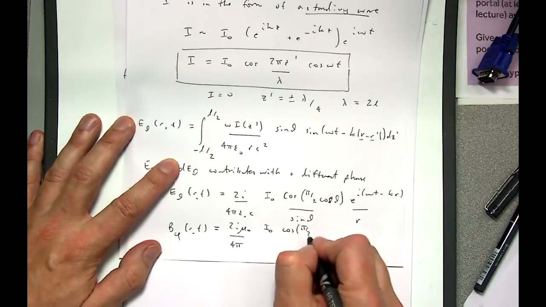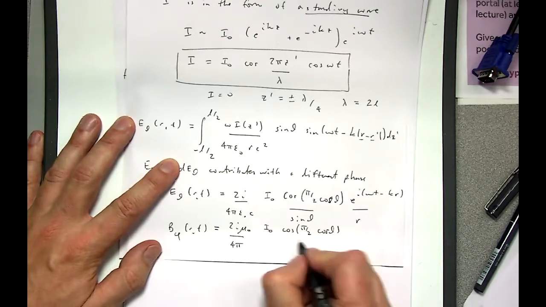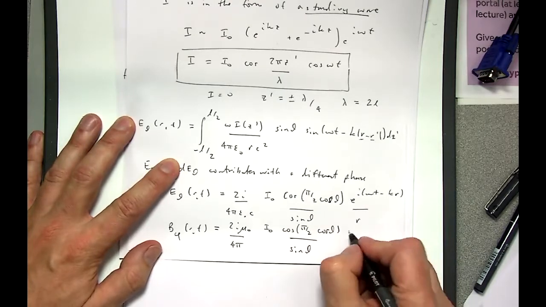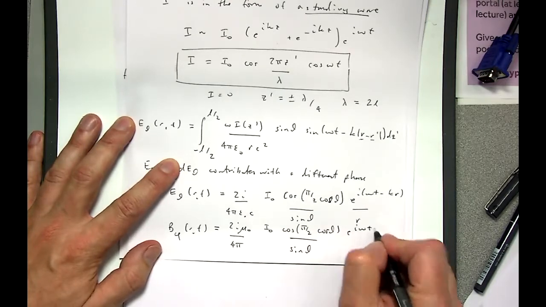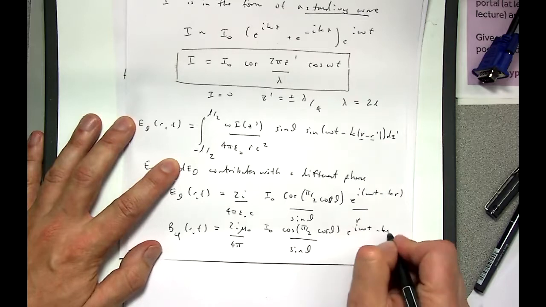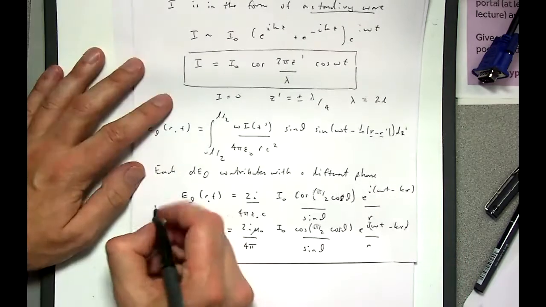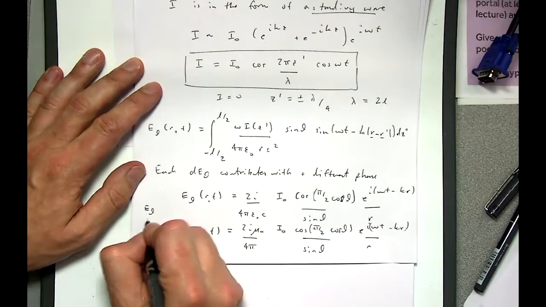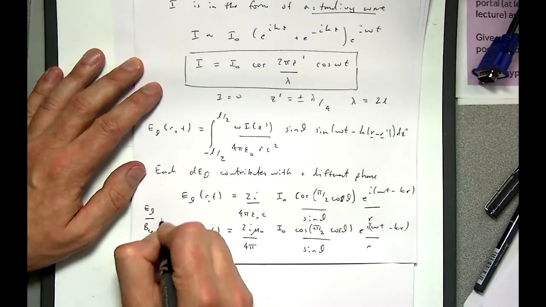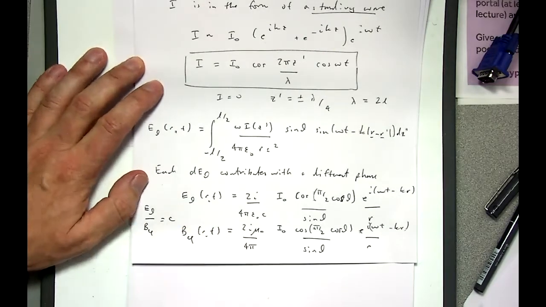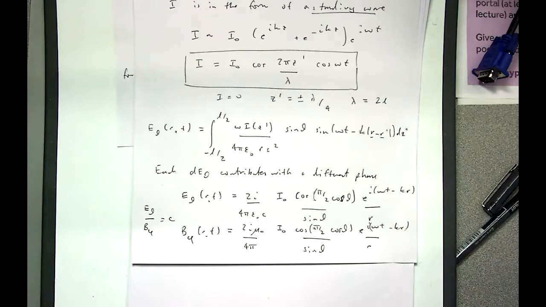Cos pi by 2 cos theta over sine theta e to the I omega t minus kr over r. And we recall, as usual, that E theta over B phi is equal to c. So I just wrote those out so you can see explicitly what they are.